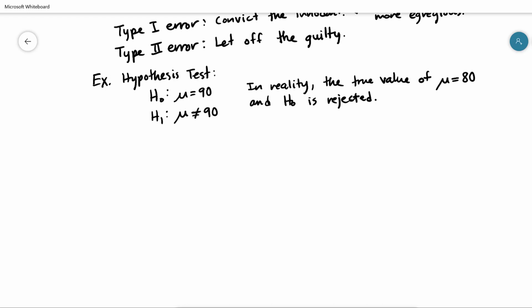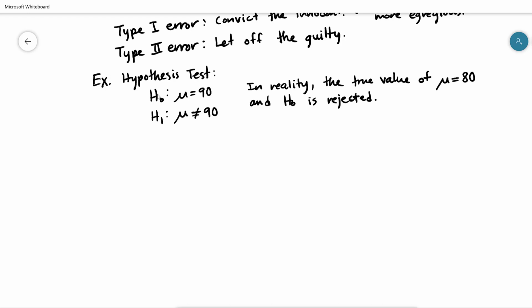So we've set up a trial, and we, at the very end, entered our guilty verdict. Is this an error, or was this the correct decision? Well, looking at it, the real value of mu was 80. The null hypothesis said that mu was actually 90. So it turns out in this case, h naught was false.